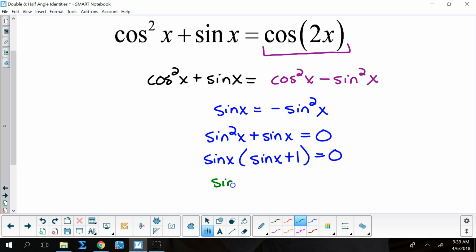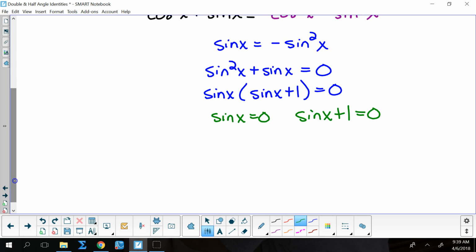So where is sine of x equal to 0? And where is sine of x plus 1 equal to 0? So then we got sine of x equaling negative 1.